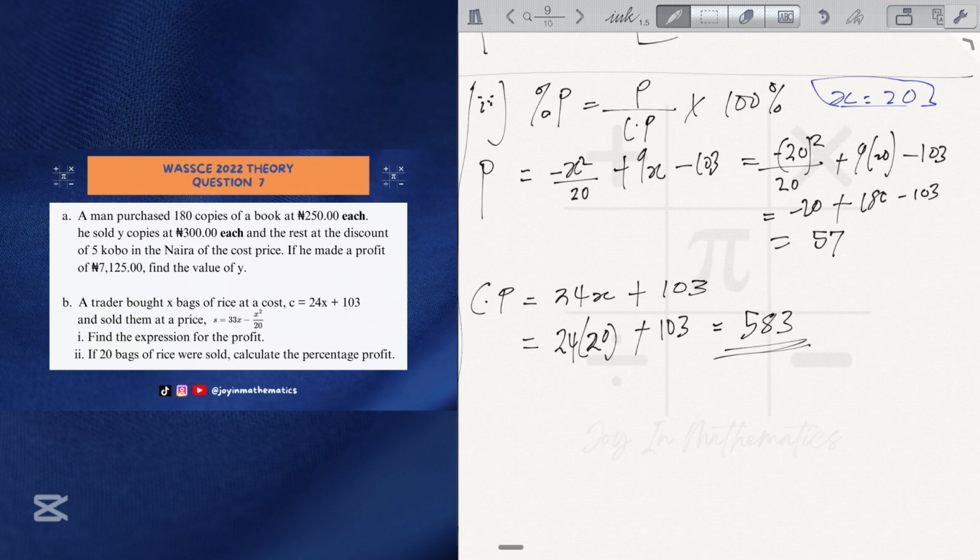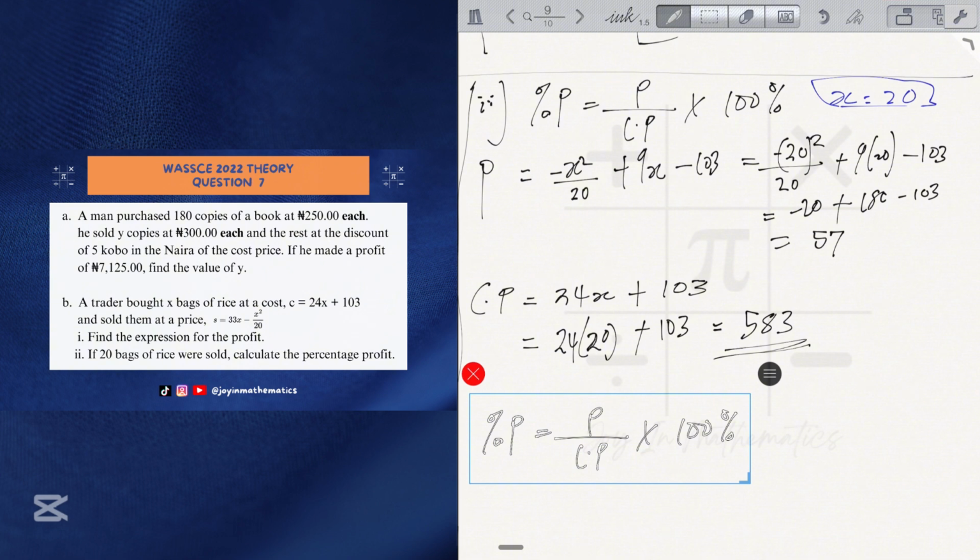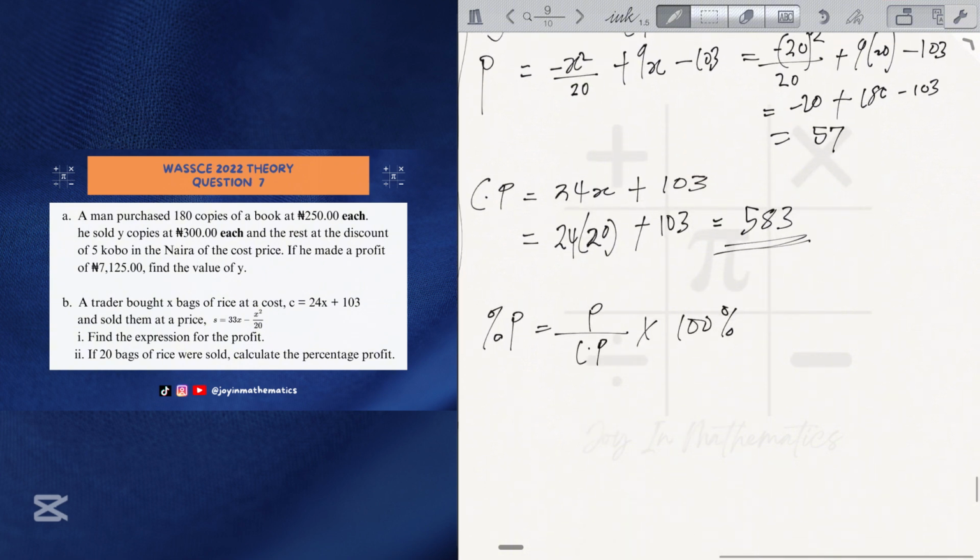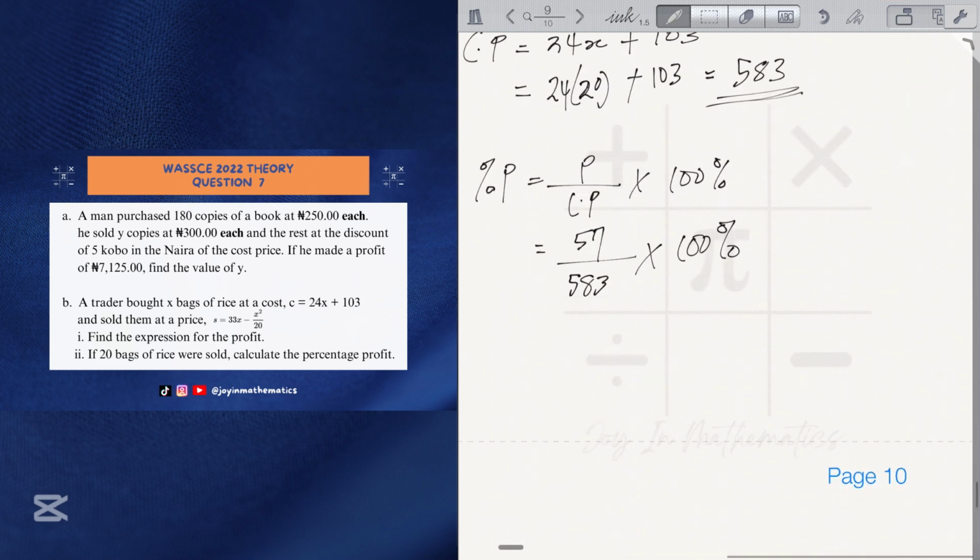So all we just have to do now is to apply the formula of percentage profits. Percentage profit is equals to profit divided by cost price multiplied by 100%. We have our profits to be 57. We have our cost price to be 583, and we're multiplying it by 100%. So simple as ABC.